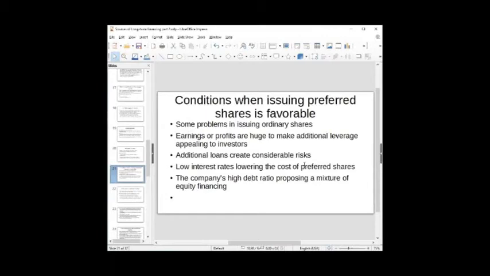The company's high debt ratio proposes a mixture of equity financing. If the company resorted to loans, then the debt ratio will also be high, and that is not a good financial ratio for the company. So instead of getting a loan, you had better offer preferred shares to the public, and for that matter, that is not debt, that is equity.